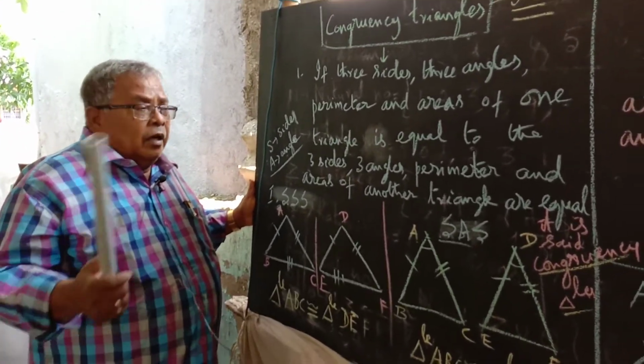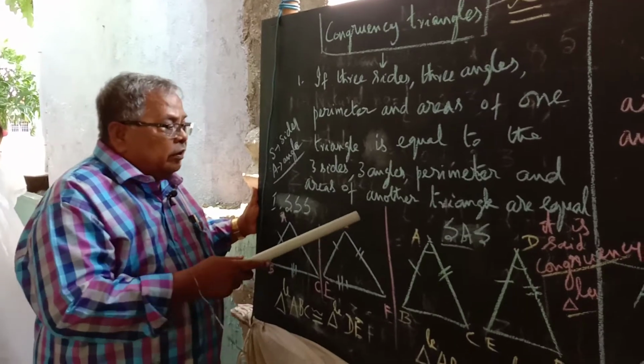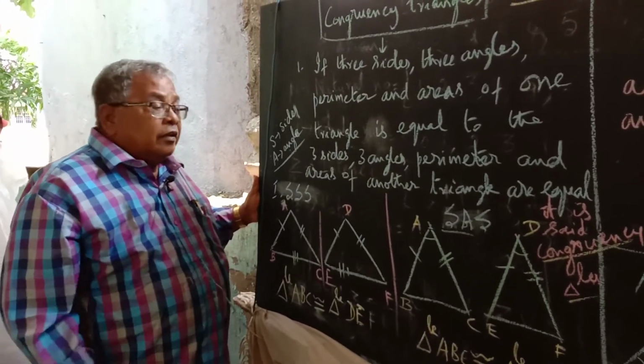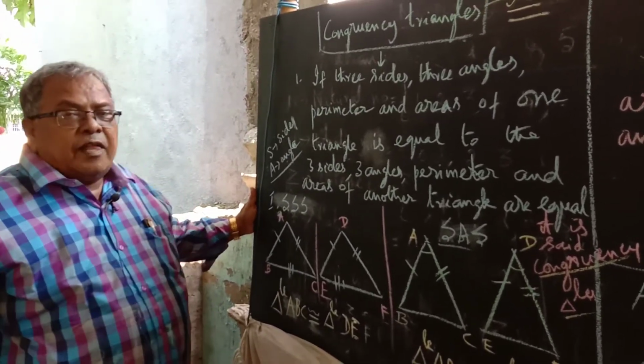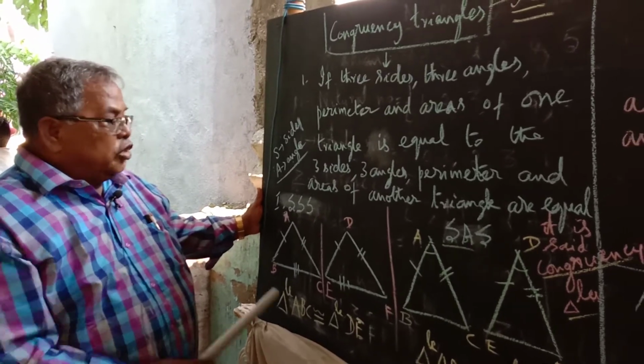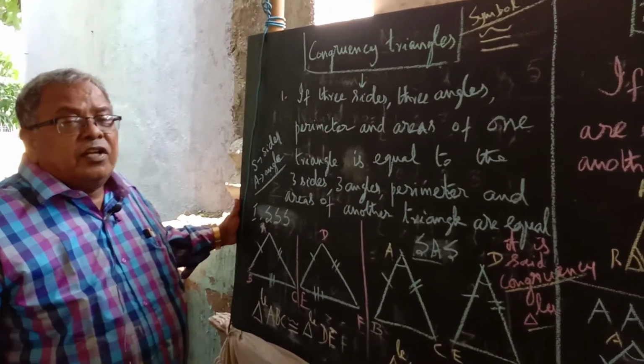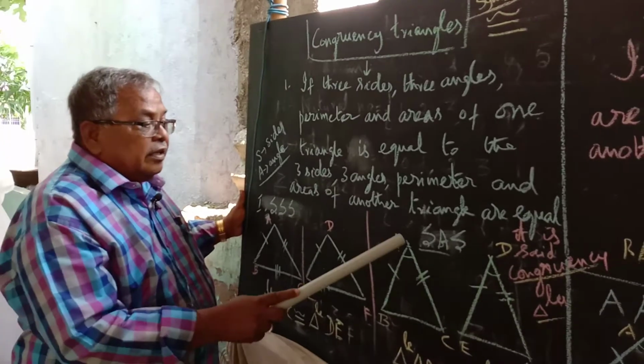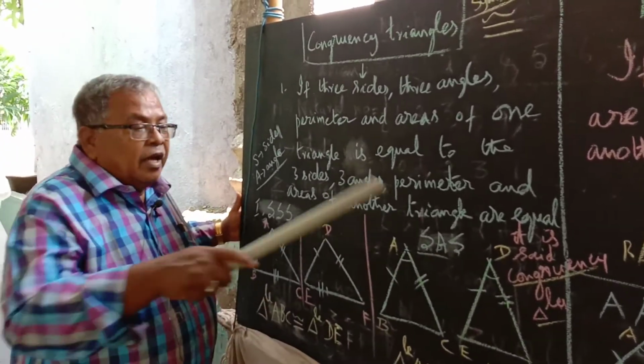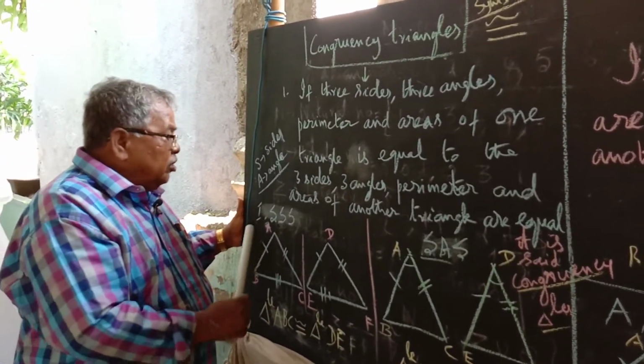Now, before we go further into congruent triangles, there are three conditions: triple S, SAS, and AAS. What is triple S?